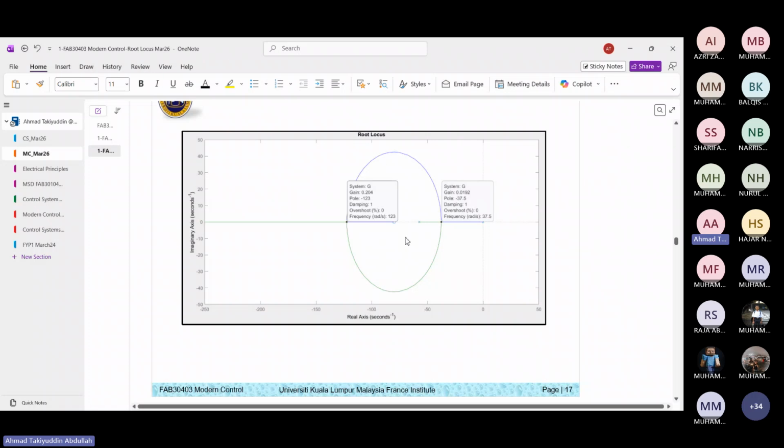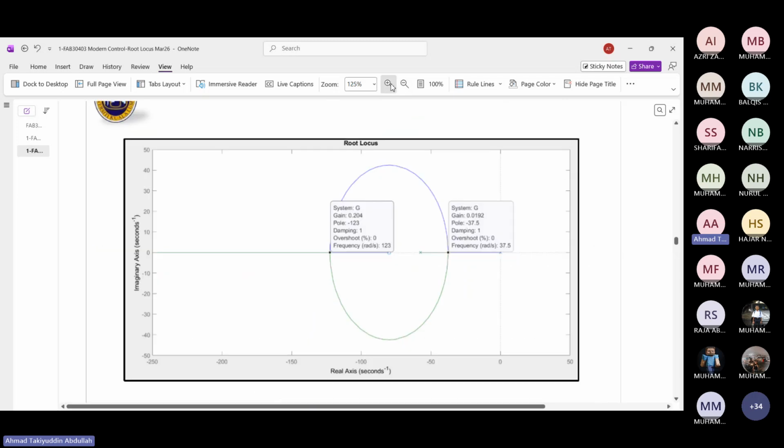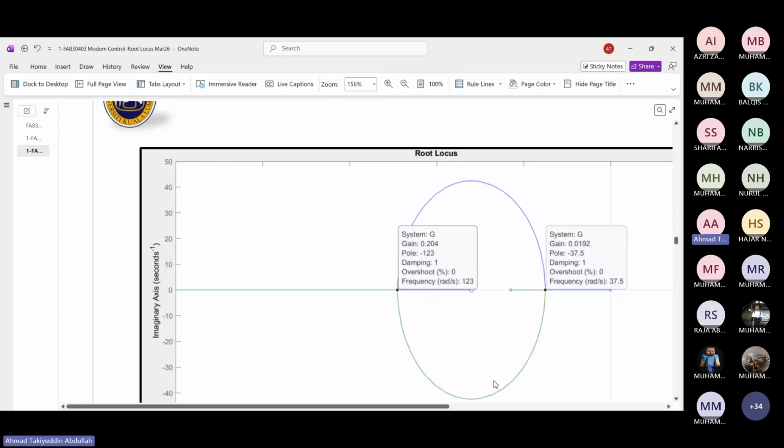So we have this on the actual plot, this MATLAB plot. I want to enlarge this.